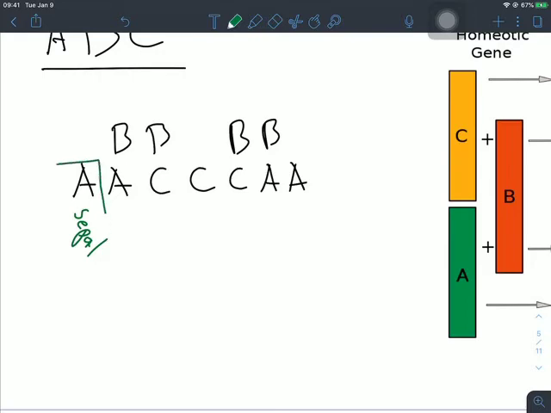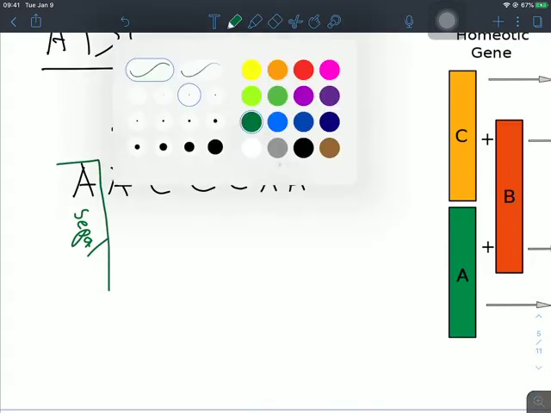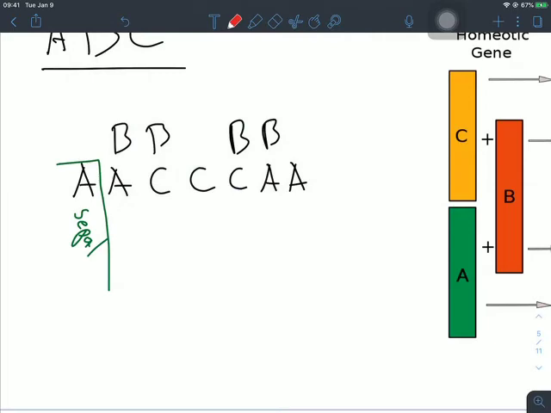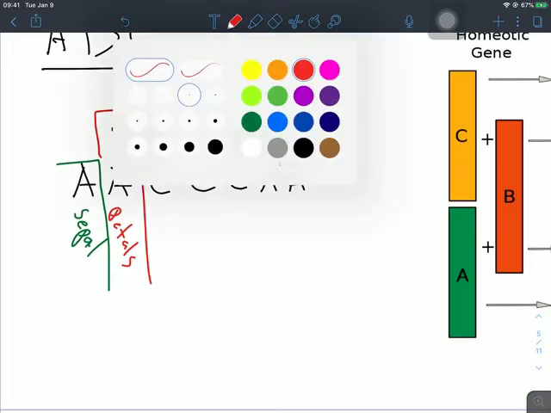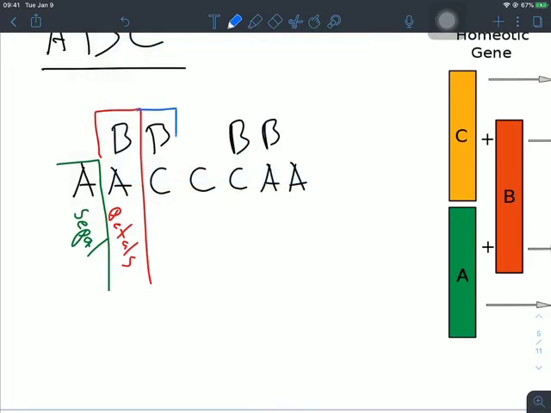If your tissue is expressing your A and B genes, this is how you make petals. If your tissue is expressing B and C, well then, you're going to make stamens.